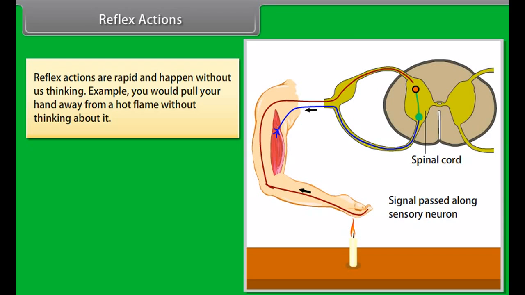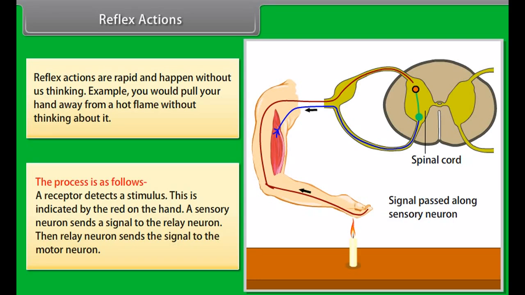Midbrain is formed of two parts: optic lobes and cerebral peduncles. Hindbrain also has three parts: cerebellum, pons, and medulla oblongata. Functions of different parts of the human brain are as given in this table. Spinal cord.